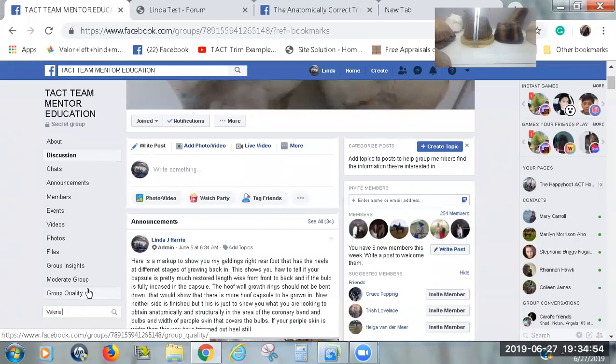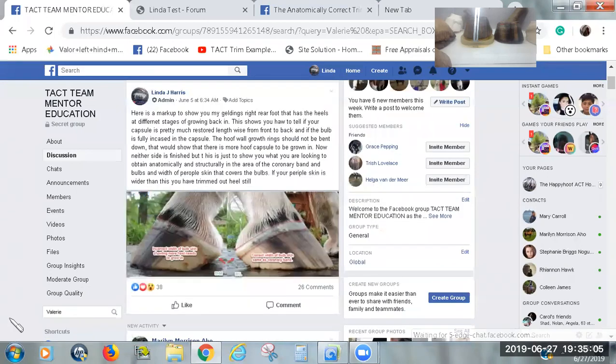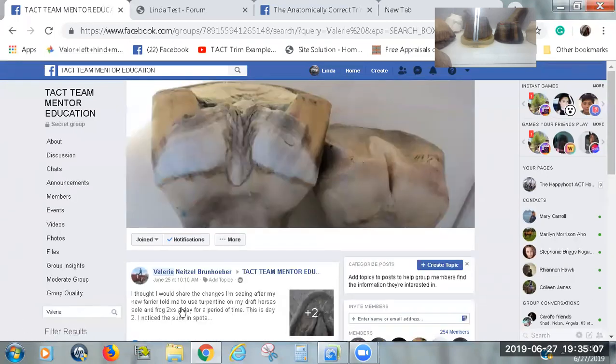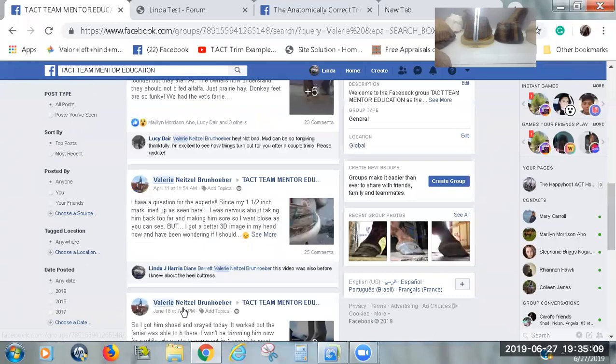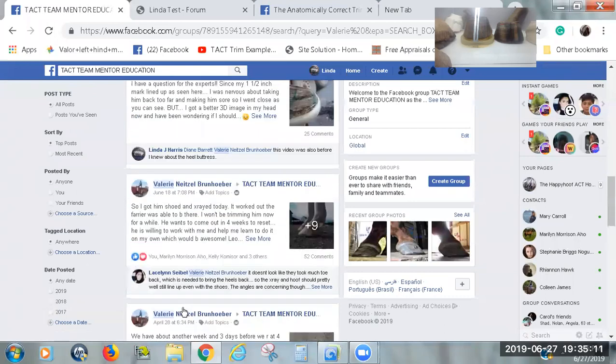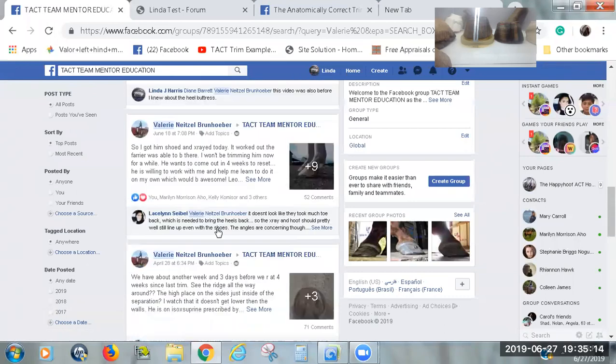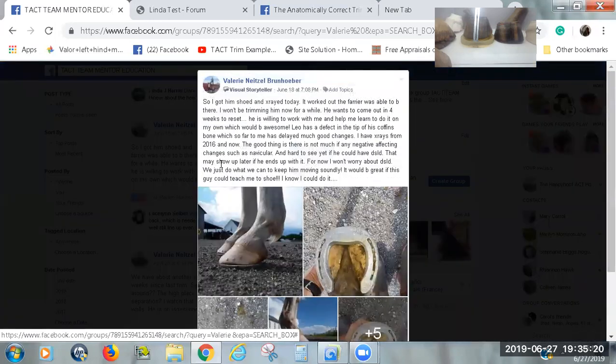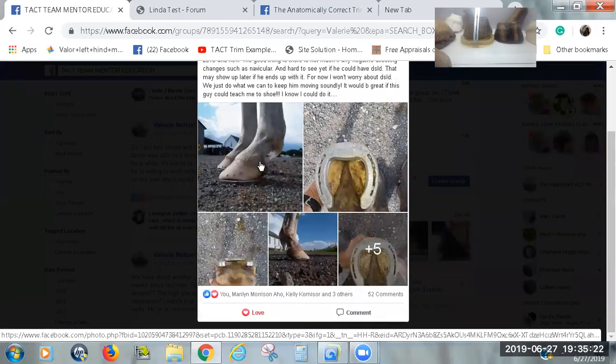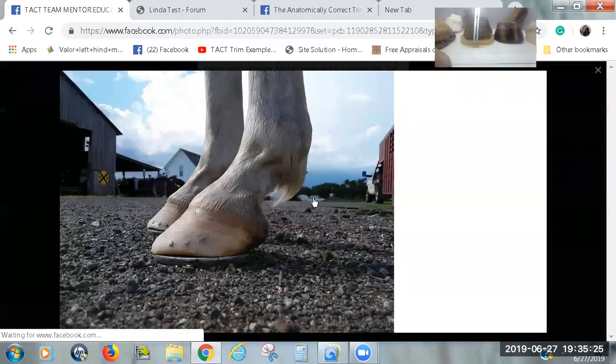Is this the one with the x-rays? Yeah, I think it is. Just when I got the shoes. It's probably in the comments section.